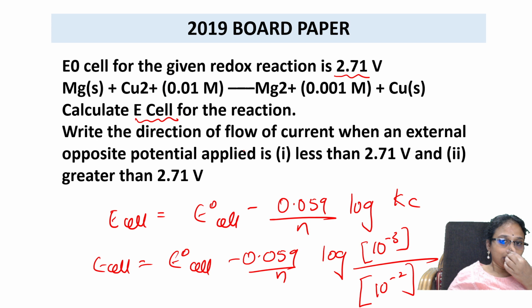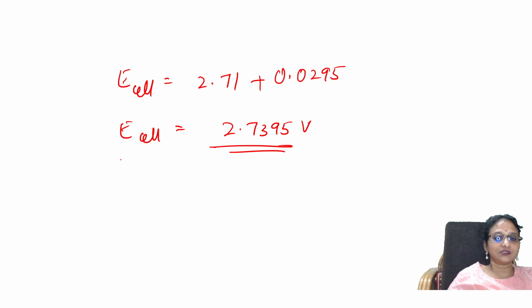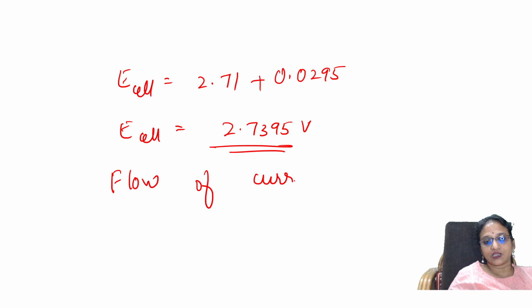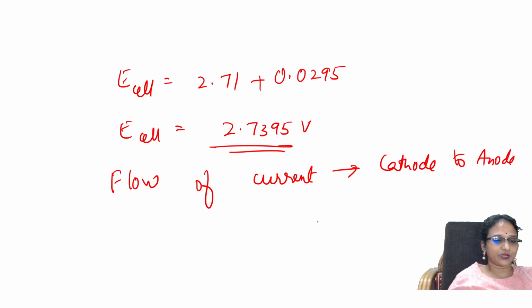Next, they've asked me to write the direction of flow of current when an external opposite potential applied is less than 2.71. Always remember, if the potential applied is less, current always flows from the cathode to the anode, whatever the potential.